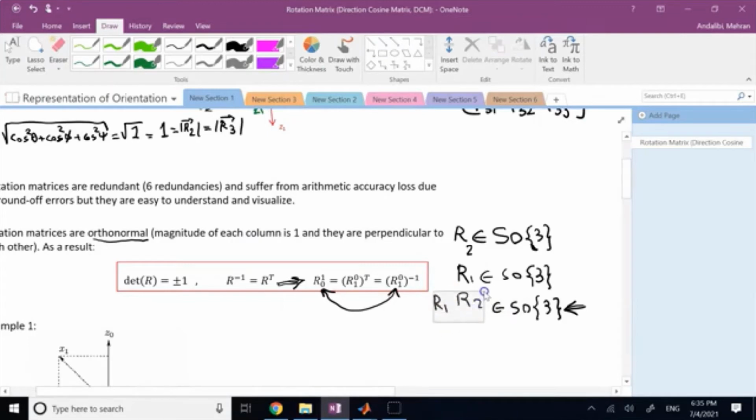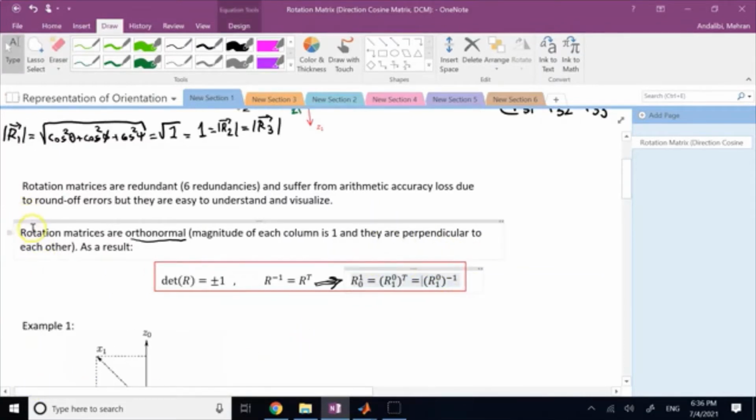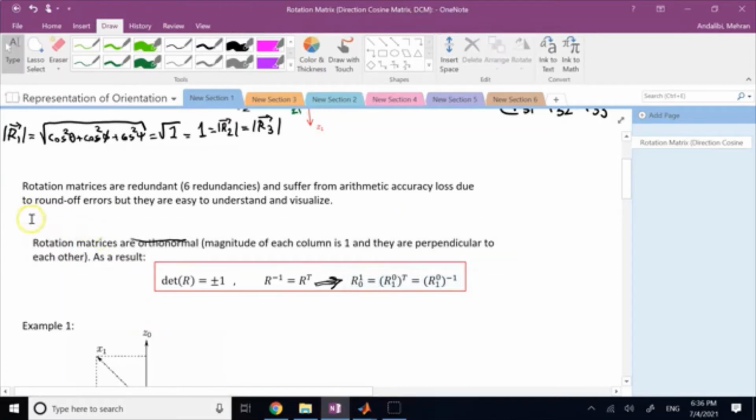And now the question is whether, when we multiply all of these matrices together and find an equivalent rotation, that is a rotation matrix? And the answer is yes. Okay, so this is one of the very important properties of the rotation matrices. And I can also write that for you somewhere because it is extremely important.